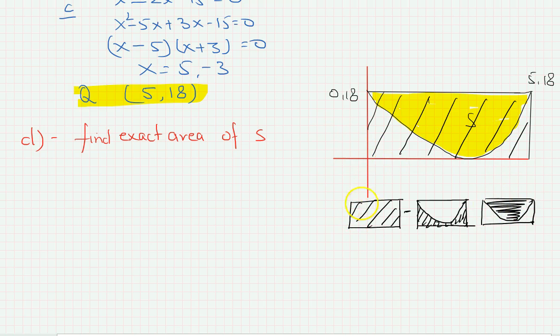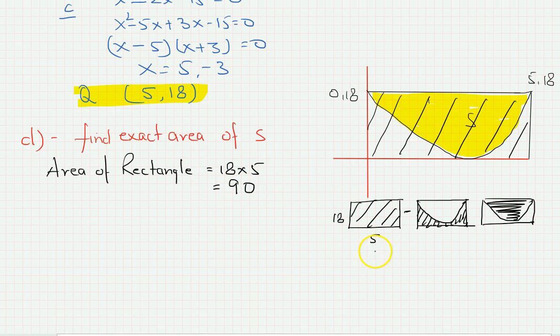So area of rectangle, this is 5 and this is 18. 18 multiplied by 5 is 90. So this area is 90.